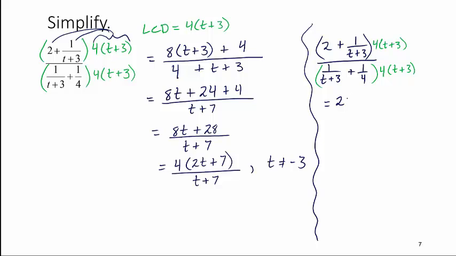We multiply 2 times 4 times t plus 3, and we add to that 4 times t plus 3, which gets multiplied to that numerator, divided by t plus 3. All over t plus 3 gets multiplied by the 4 times t plus 3 on the bottom.